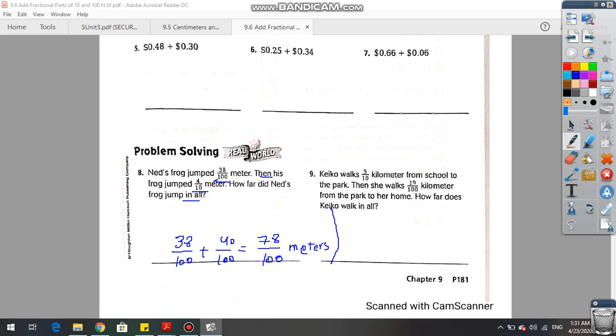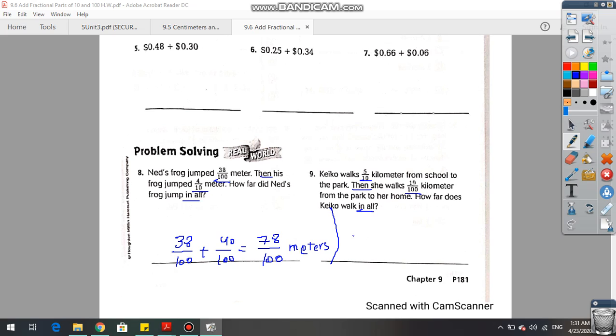Now, Kiko walks 5 tenths kilometer from school to the park. Then she walks 19 hundredths kilometer from the park to her home. How far does Kiko walk in all?